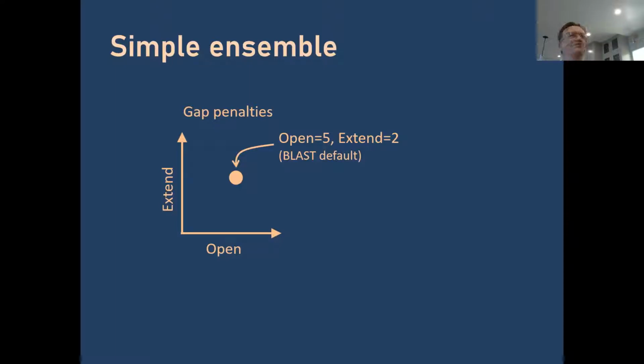But there's no magic to those values. They're probably tuned on some benchmark. Does it really matter if open was 5.1 and extend is 1.9? Well, on average, no, that shouldn't matter, because there are no magic, well-defined values that they should take.